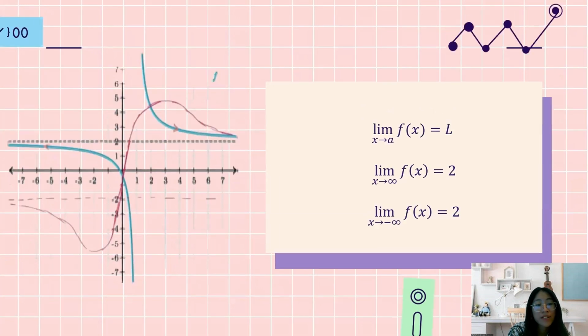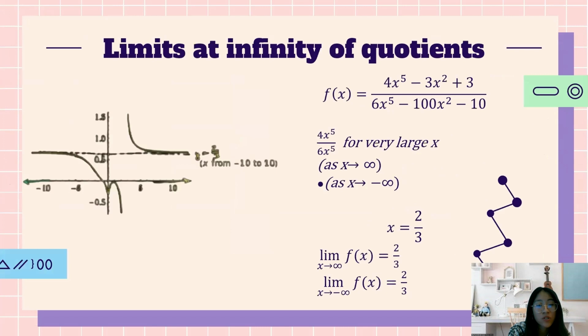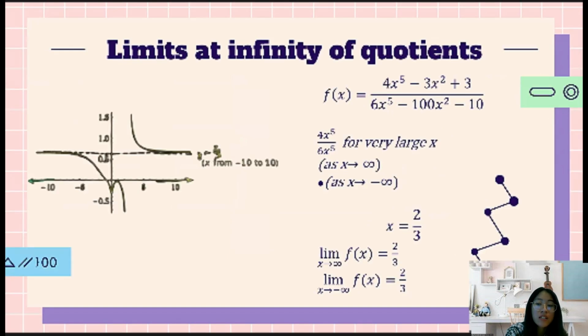So we have f of x equaling 4x to the fifth minus 3x squared plus 3, over 6x to the fifth minus 100x squared minus something. What is the limit of f of x as x approaches infinity?